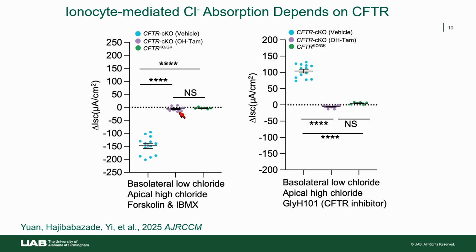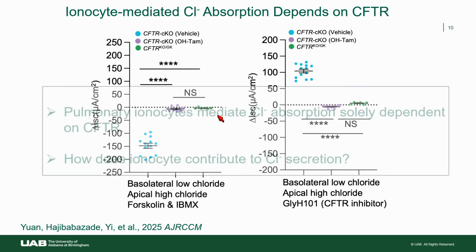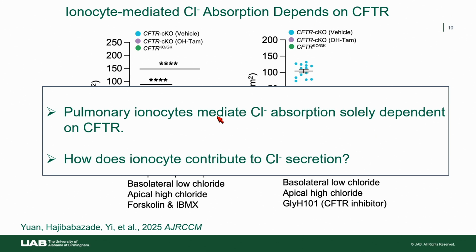And we can find that the ionocyte specific CFTR deletion really phenocopies the CF group on the chloride absorption phenotype. So then we make a conclusion that pulmonary ionocytes mediate chloride absorption, and this is solely dependent on the CFTR protein. Then next we ask how does ionocyte contribute to chloride secretion.